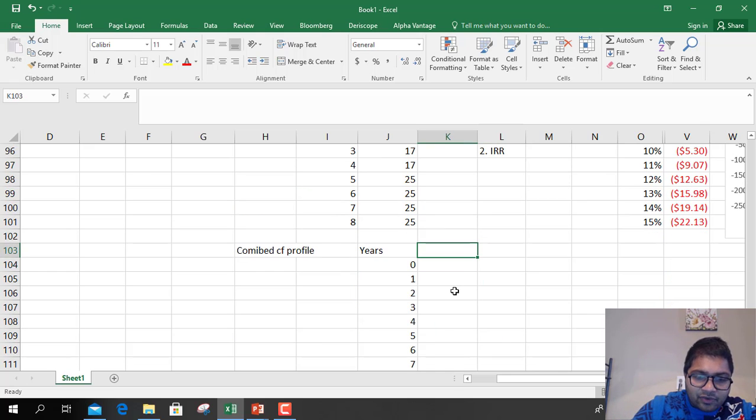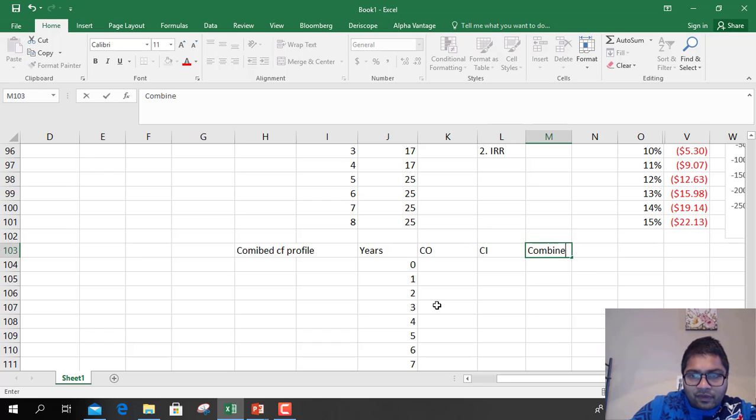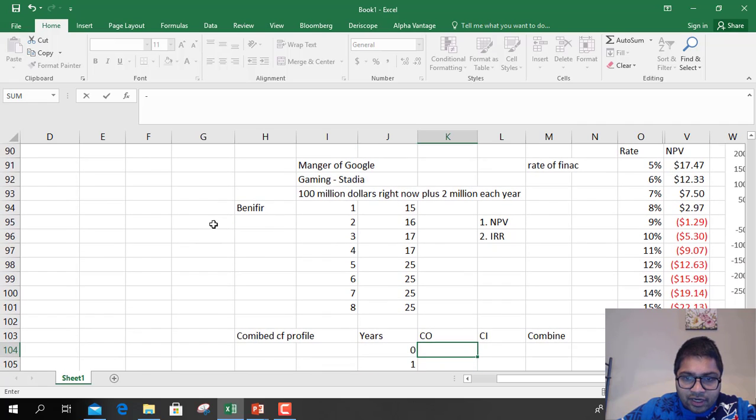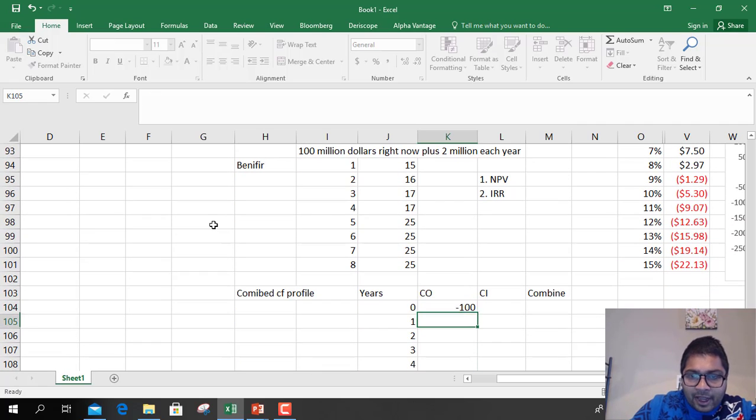So first let's see what are cash outflows, C out, and what are cash inflows, C in, and what is combined. So outflows will have negative sign. So negative, what was the cost? Total cost 100 million right now, and $2 million each year.